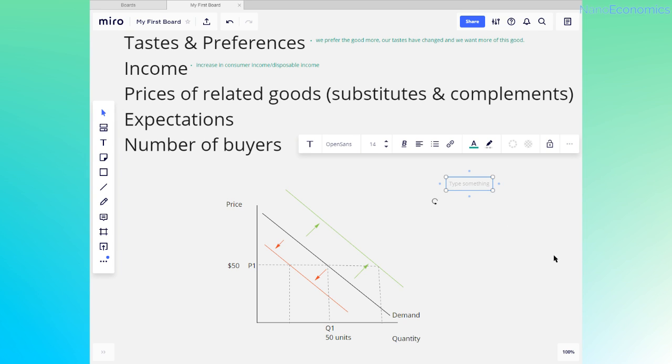So the prices of related goods, like substitutes and complements. I'm trying to think of how we want to approach this, because we're going to focus explicitly on just talking about what the determinants of demand are, looking at how we can memorize and understand these 5, and then move on to another topic for tomorrow.